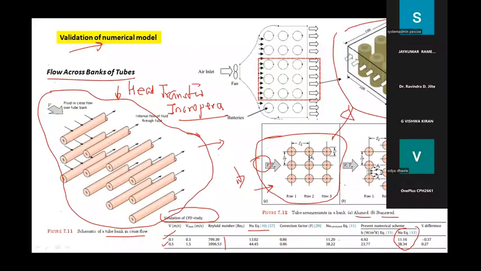Through the Incropera equation, 11.20 is the Nusselt number, and through the simulation it is 11.16. In the second case, when the velocity is 0.5, the Nusselt number is 38.22, and here the Nusselt number is 38.34. So there is a very small percentage of deviation.